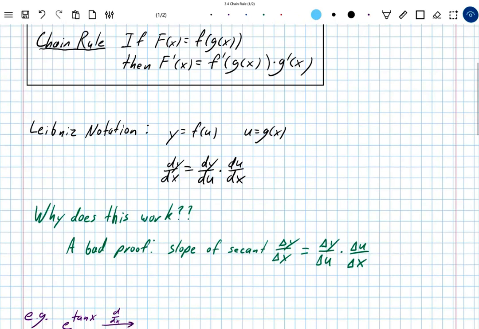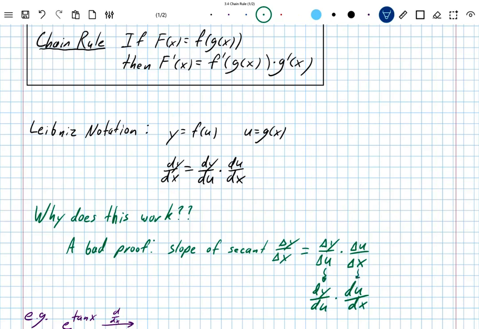And then in the limit, I hope that makes sense. That really is multiplication there. That's not like secret notation multiplication. In the limit, these are going to go to dy/du times du/dx, and that is exactly what Leibniz said, and that is the same thing as our chain rule written out longhand above.